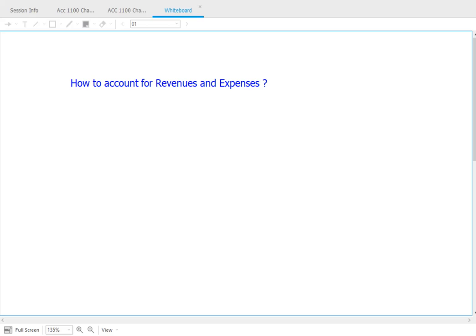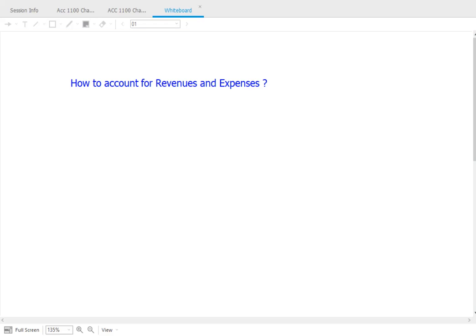These are the two methods, or the two accounting systems, that can be used to measure or to account for revenue and expenses. Please make sure that you know that the accrual base is the only method allowed under IFRS.